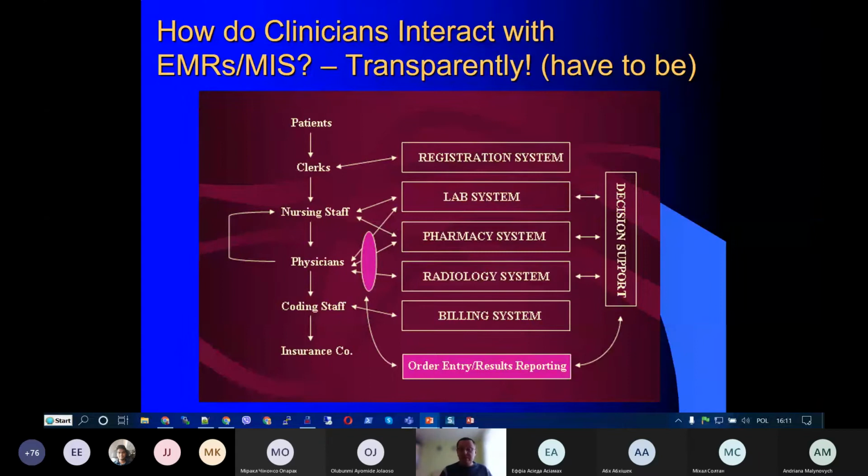So all these systems either have to be components of an integrated hospital information system, or have to provide transparent data exchange, even up to creating bills, reporting to the insurance company, etc.